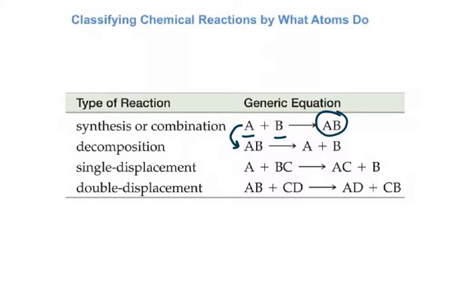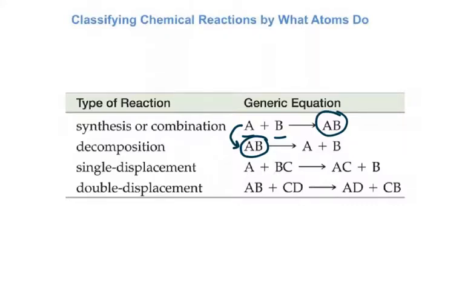So notice that in a decomposition, there's only one reactant, and what it does is it breaks apart into two or more products. So synthesis and decomposition are exact opposites of one another. In a synthesis, you're putting something together, and a decomposition, you're breaking them apart.